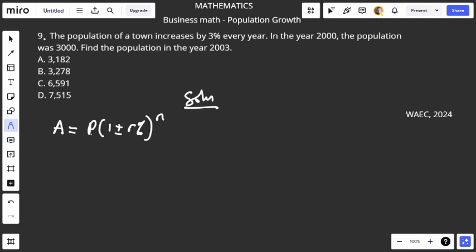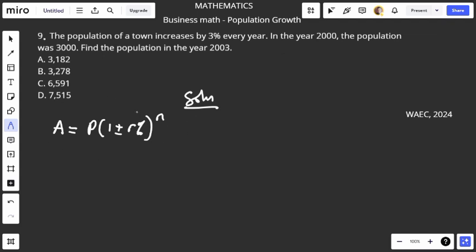P represents principal, or amount invested, or initial population. R represents the rate. It is plus when you're talking about compound interest, appreciation or growth, and minus when you're talking about depreciation or reduction. N represents time in years.